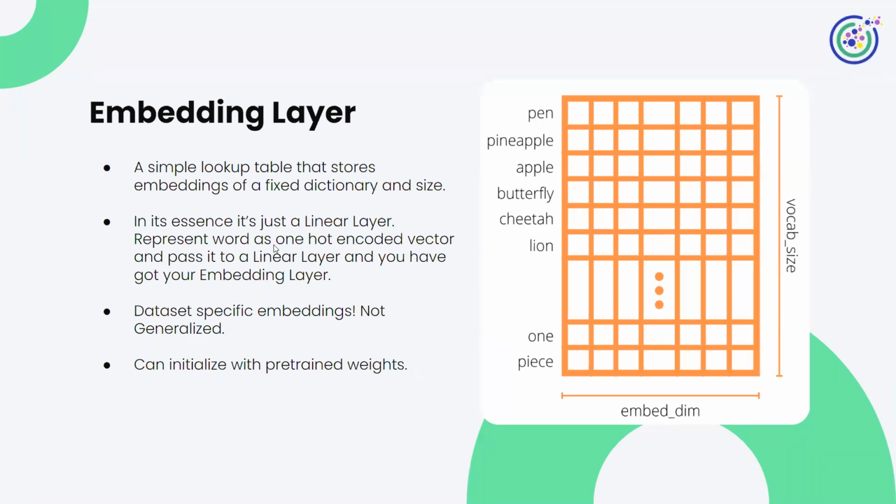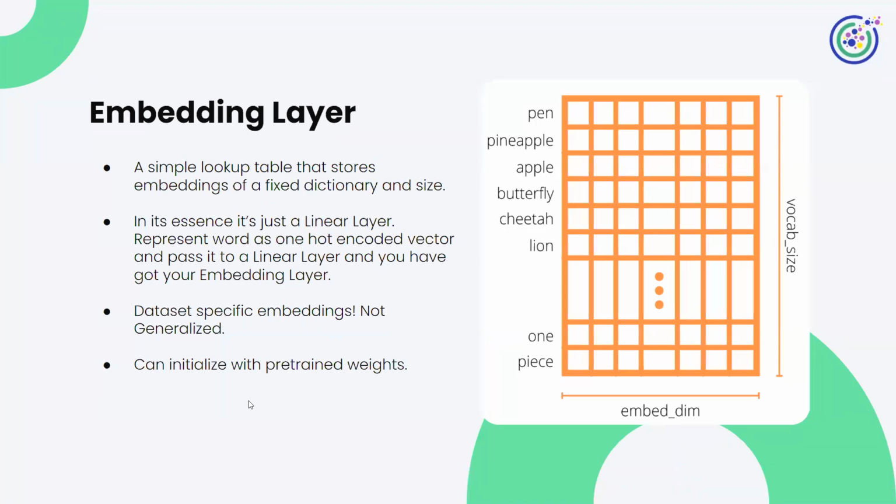If you manually convert your word into a one hot encoding vector and then pass it to a linear layer, that's basically what your embedding layer is doing, except now you just pass integers. We'll take a look at a basic overview of how it is done. Those embeddings that you use are going to be specific to that particular dataset, not generalized ones you can use anywhere.